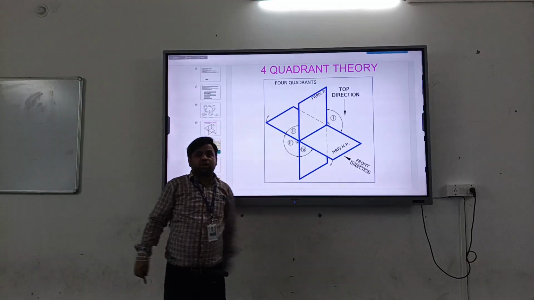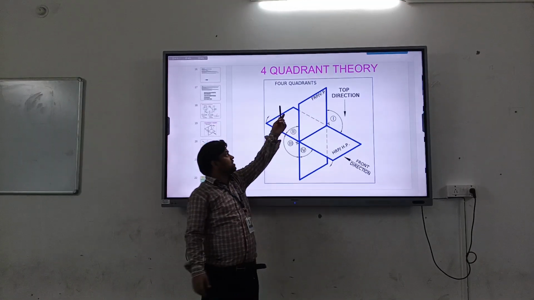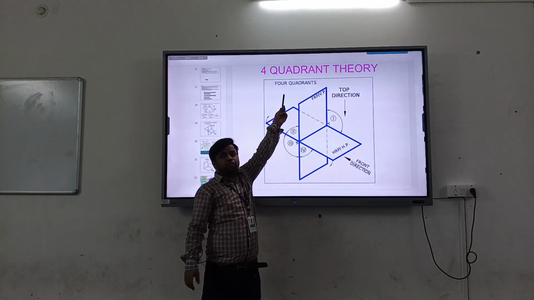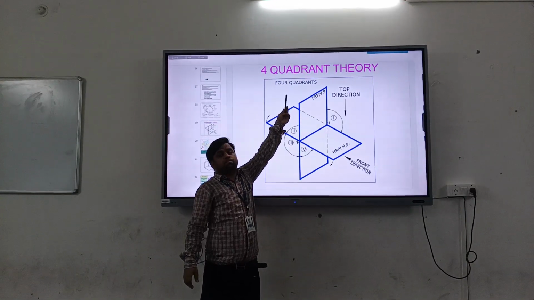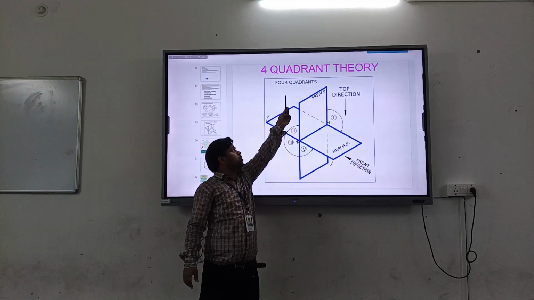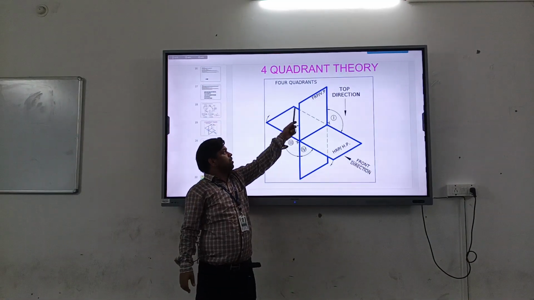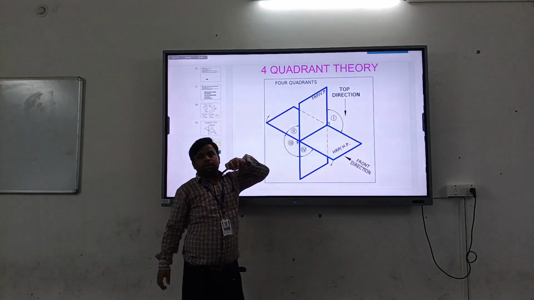Similarly, in the second quadrant, if the object lies in the second quadrant and you view the image from the top, then the top view will lie in the horizontal plane and the front view will be on the vertical plane.